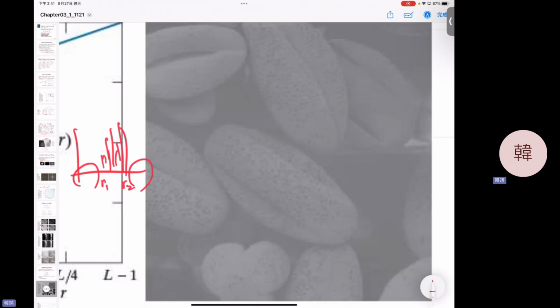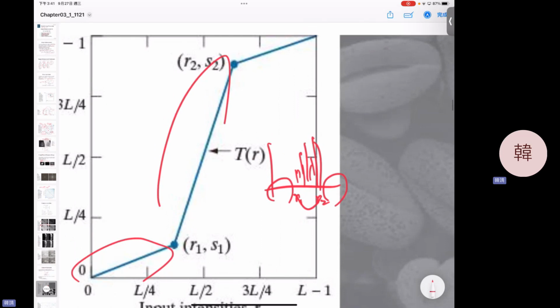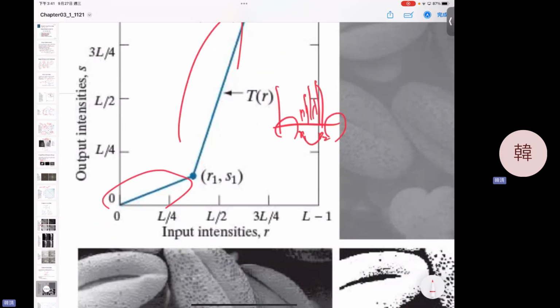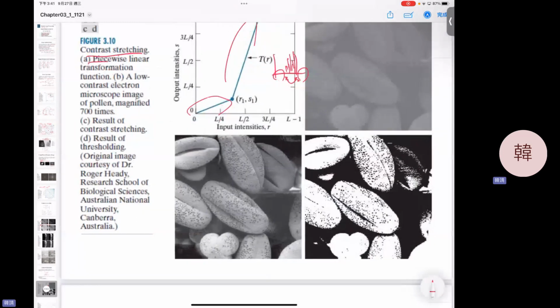So in that sense, if I were you, I would just enhance, stretch out this R1 to R2 level. Like this one, you can play like this. R1, R2 is a small range here. So R1 here, R2 here. In here, I stretch it into a very dynamic, huge range. So what's the result? Just like this. Compare these two images.